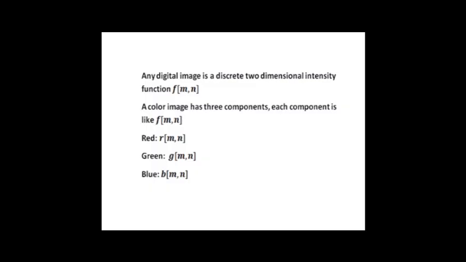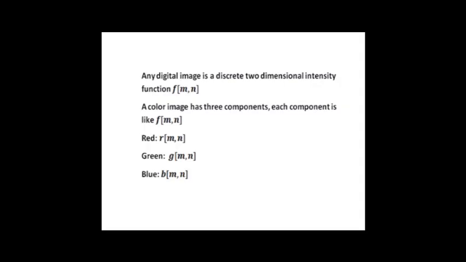Any digital image is basically a discrete two-dimensional intensity function which we can denote as f of mn. Since a color image has three components, red, green and blue, each component will be very similar to f of mn. The red component will have r of mn, the green component will have g of mn, and the blue component will have b of mn.